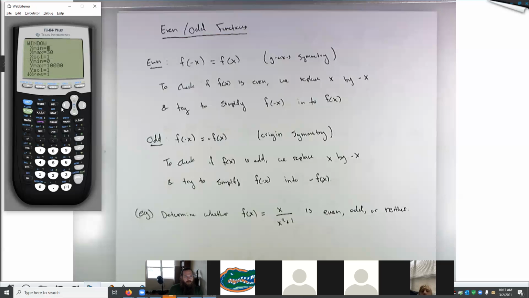Make sure my window settings are something reasonable. So I'm going to change these back to the standard viewing window, which is the -10 to 10 window. And then hit graph.